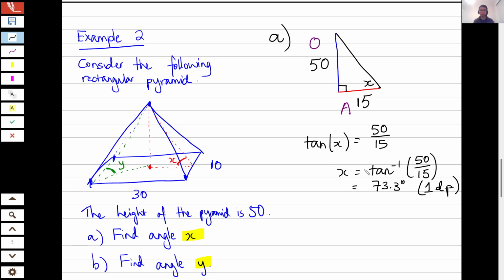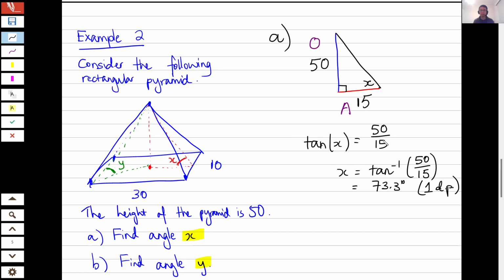In a test, it'll always be clear what precision I want you to give the numbers to. I've just chosen 1 decimal place because I think that's enough. Okay, so that's part A.